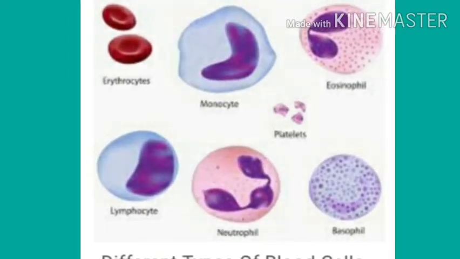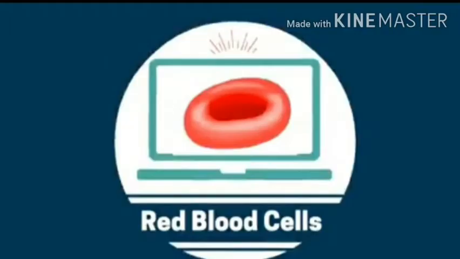Normal RBC count in an adult human male is 5 to 5.5 million per cubic millimeter of blood, while it is 4.5 to 5 million per cubic millimeter of blood in a normal adult woman.